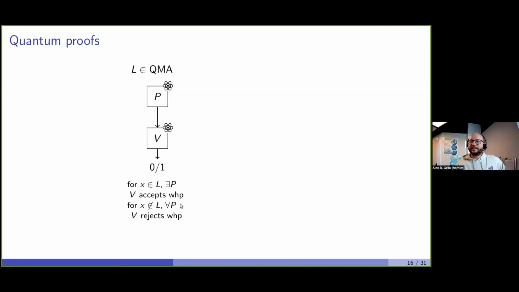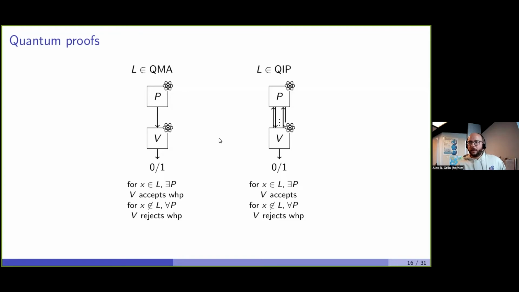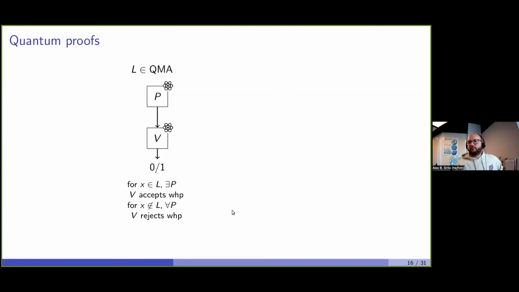And for no instances, no matter what quantum proof the prover sends, the verifier should reject with high probability. Sorry, yeah, in the first case, it's also with high probability. Okay, QMA is a straightforward lifting of NP to the quantum setting, but it also is very meaningful. It has physically relevant complete problems. So it's an important complexity class.